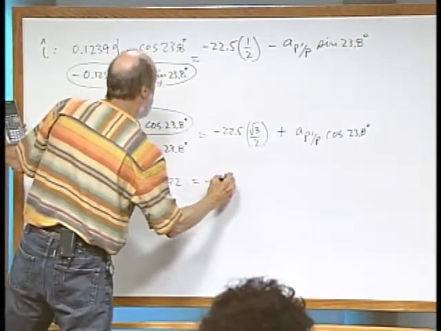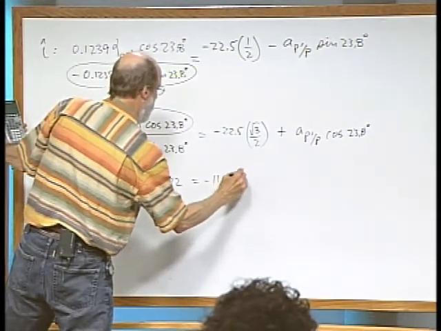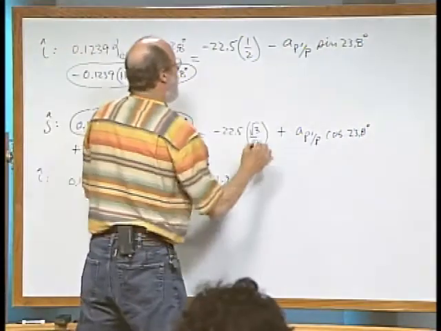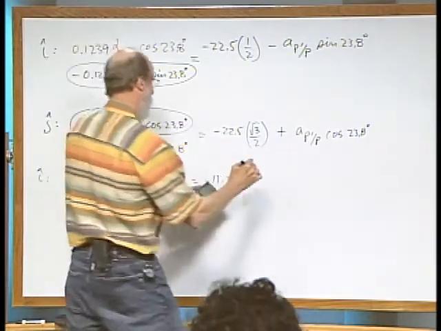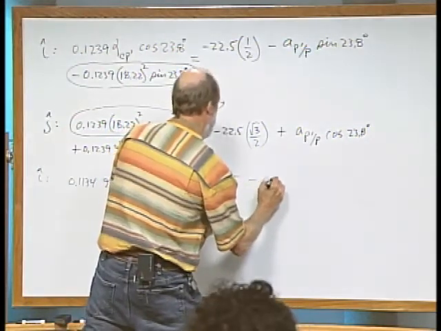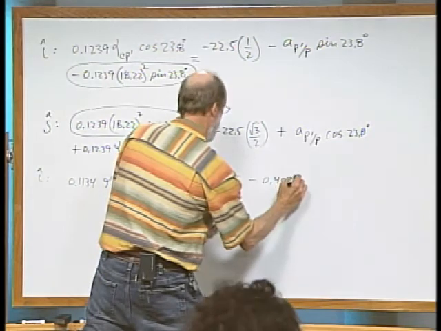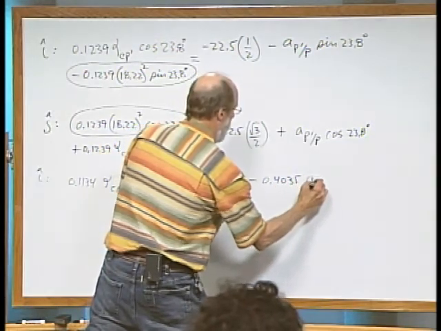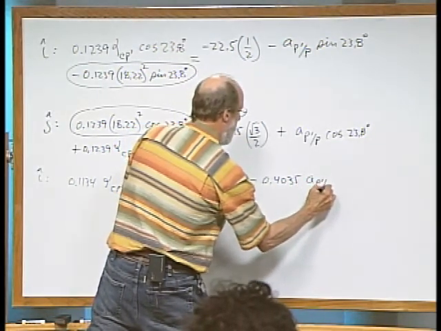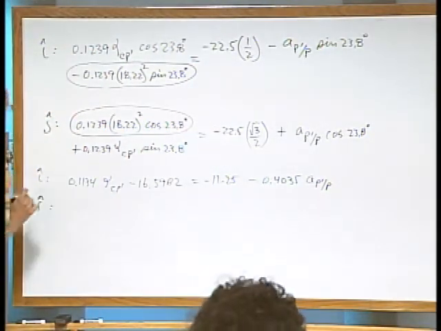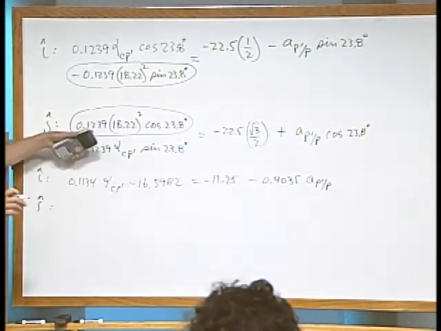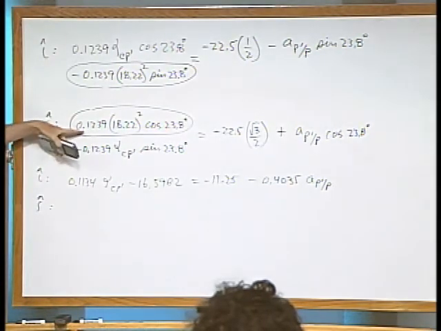negative 11.25. And sine of 23.8 degrees is 0.4, so it's a negative 0.4035 acceleration of p prime relative to p. Our J equation, what value did you folks get on this circled expression? 37.63.